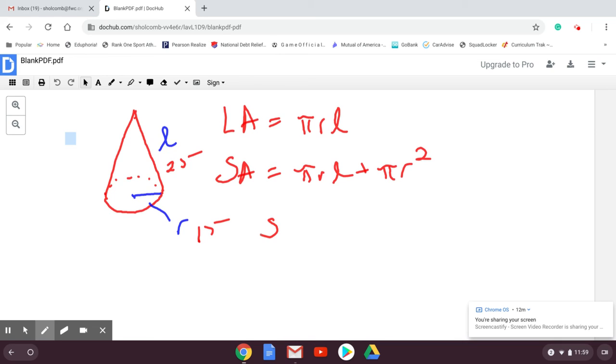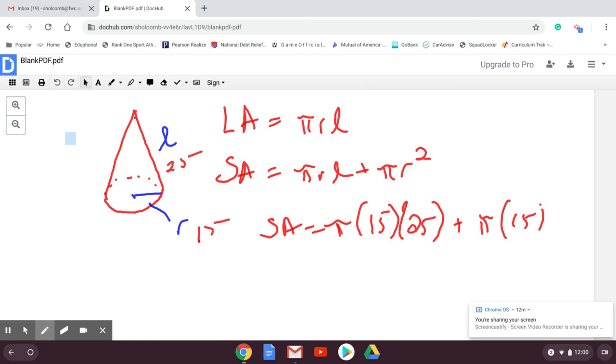Then to get the surface area, you would just do pi times 15 times the slant height of 25 plus pi times your radius of 15 squared. 15 times 25 is equal to 375 pi here, plus 225 pi there.